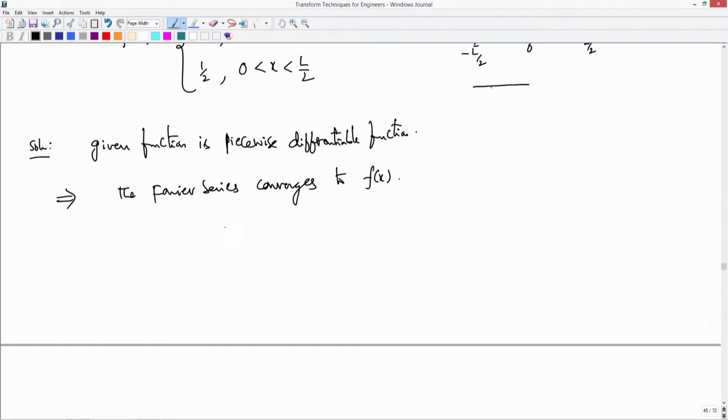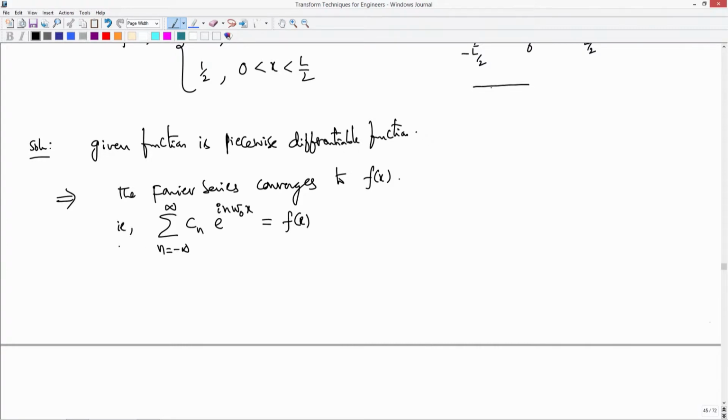So, what is the Fourier series? That is the sum over n from minus infinity to infinity of Cn e power i n omega naught x. This converges to f of x.